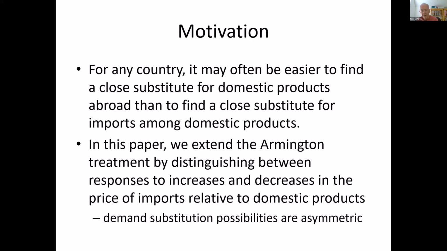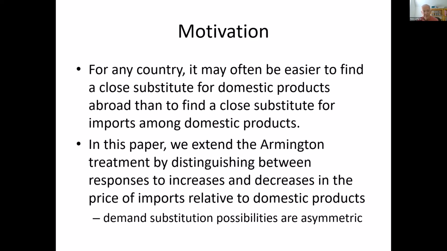But if you're moving in the opposite direction, because of a higher import price you would like to substitute domestic products for your imports, then it may be quite difficult, because many of these manufactured products that you are importing may be sophisticated and technologically difficult to produce at home.